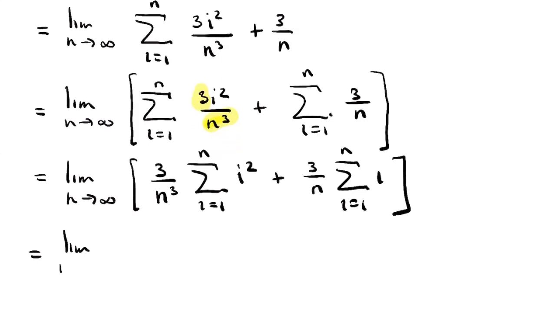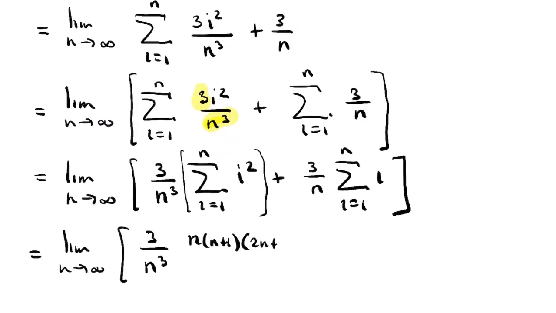Okay, so taking the limit as n goes to infinity, I've got 3 over n cubed. And then what is Theorem 2's statement about the sum of the i squareds? That's n times n plus 1 times 2n plus 1 over 6. This 3 over n gets multiplied by n.